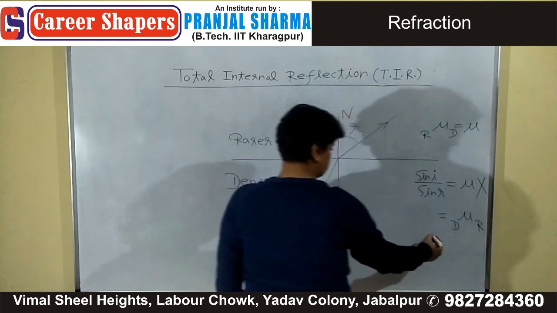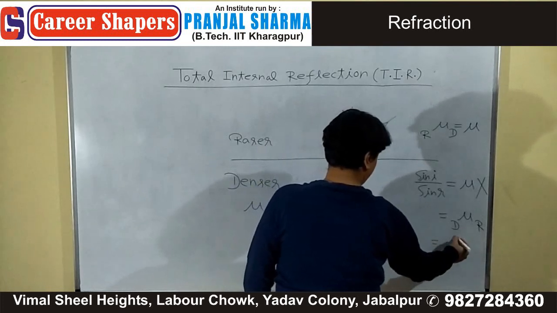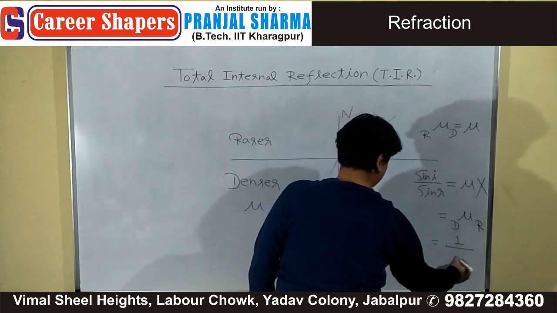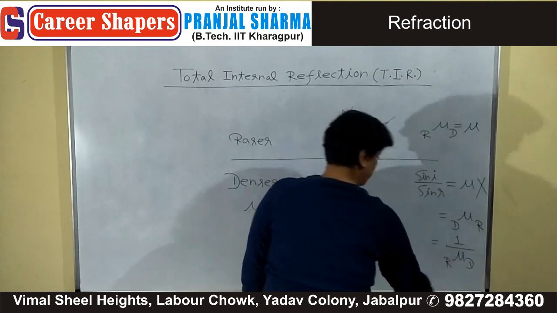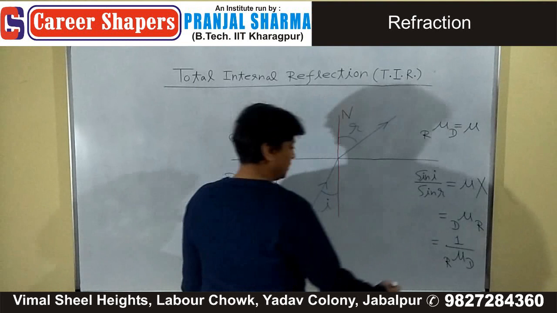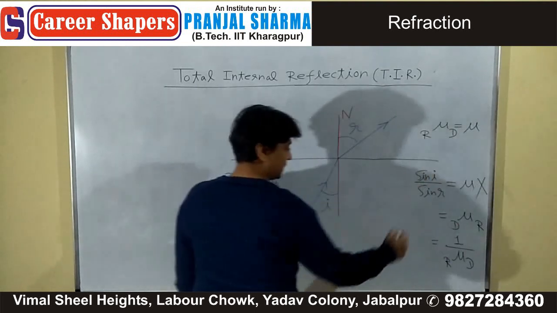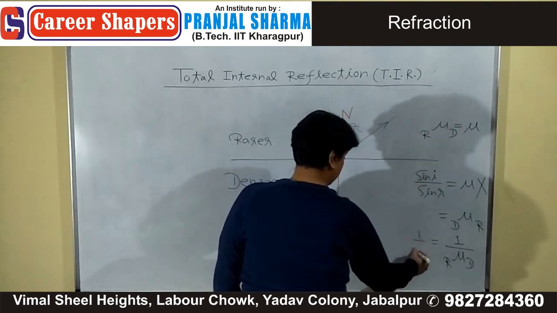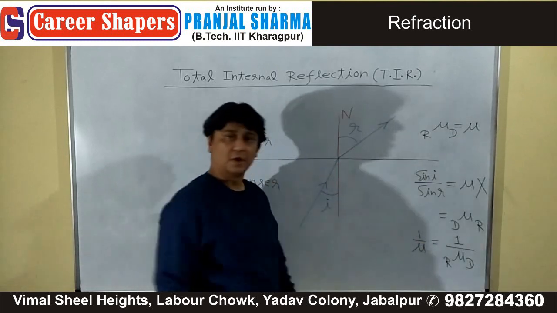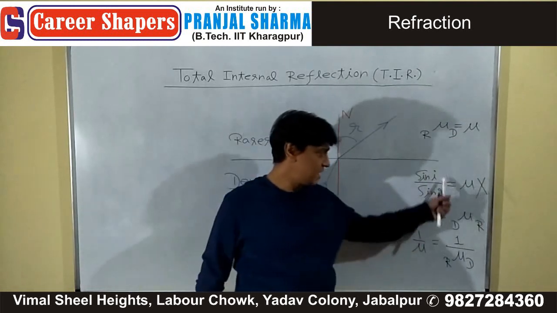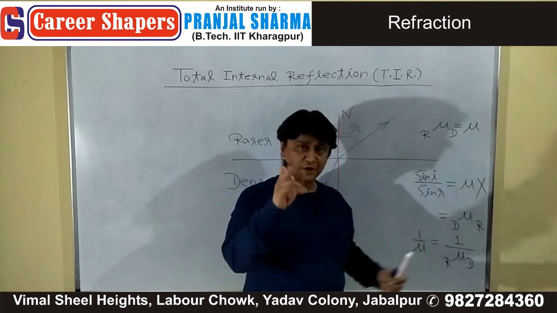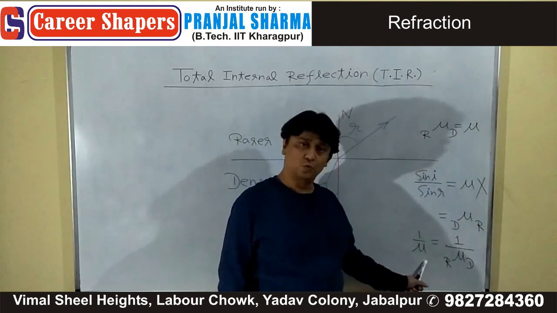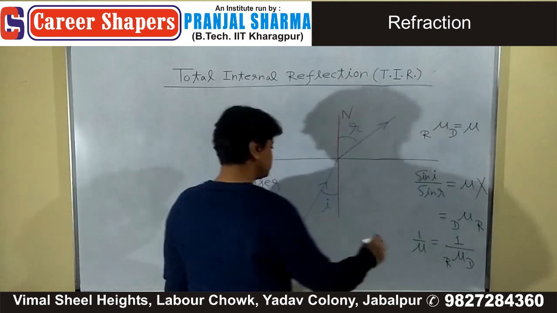And this is 1 upon the refractive index of the denser medium with respect to the rarer medium, which for us in this article is simply 1 upon mu. Therefore remember, when you write sine i upon sine r, if you write mu, it's not correct. It should be 1 upon mu.